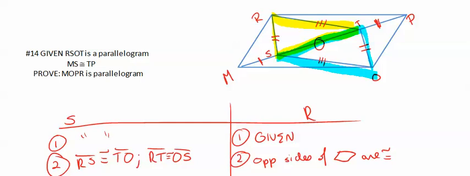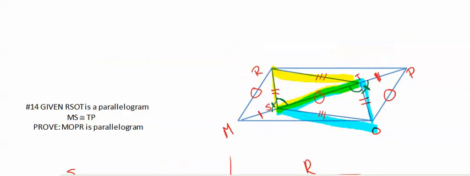From there, we can get this angle congruent to this angle, and that allows us to get this angle congruent to this angle, which will then make the outside triangles congruent. So again, once I get the triangles congruent, we can then say that the sides are congruent based on CPCTC.